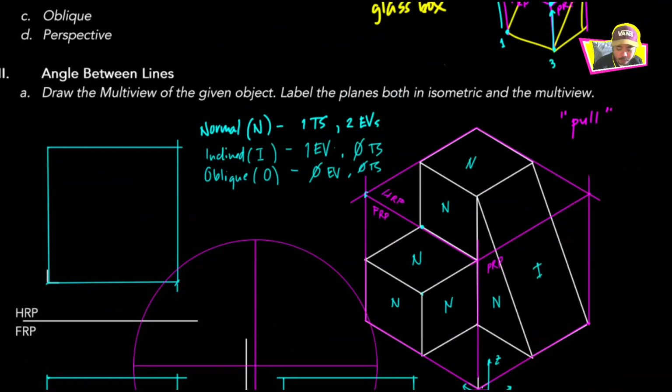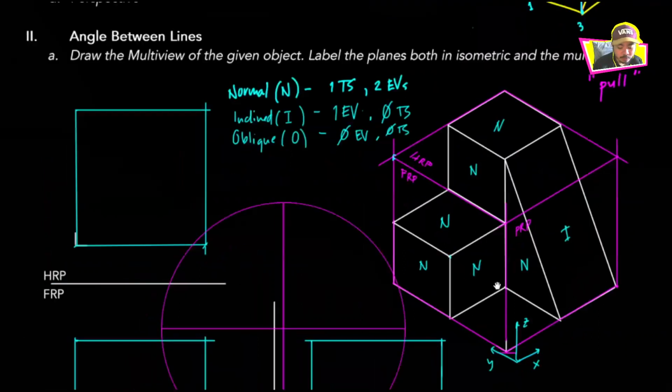Tapos, ito, pag pinull natin yung point na to, pupunta siya dyan. Tapos ito, pag pinull natin sa taas, somewhere dyan. Parang ganyan. Tama? So, parang ang itsura niya is parang dinivide mo lang yung square mo into 4 quadrants. Parang ganun ang dating. Okay? Okay, so let's do that.